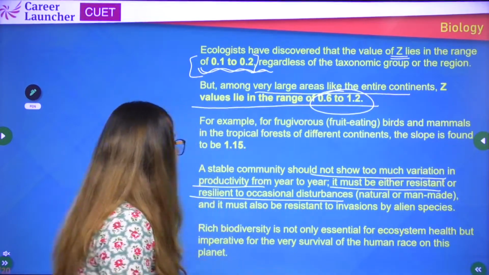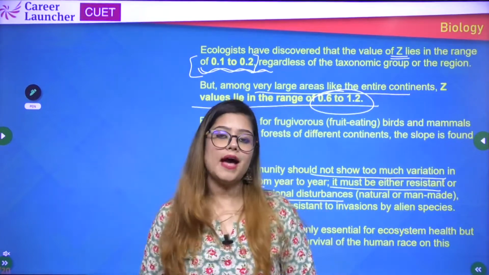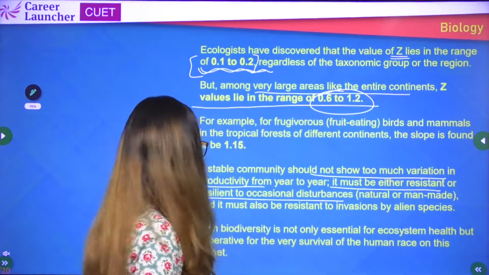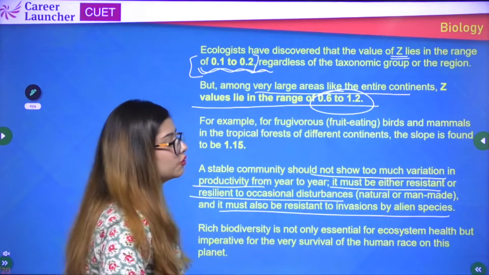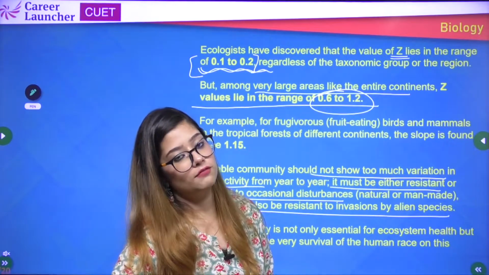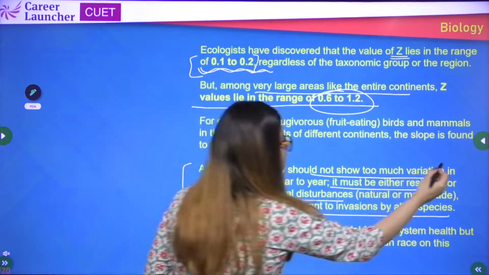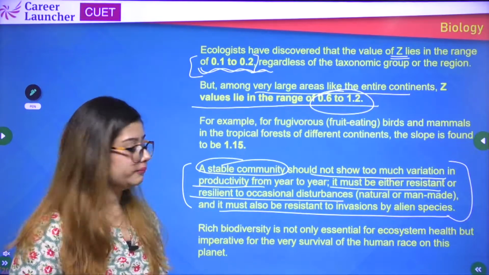It should be resilient to occasional disturbances. Those disturbances may be natural, may be man-made, but it should be resilient to those disturbances. And it should also be resilient to invasion by alien species, invasion by foreign species. These are the 3 points that are required for a stable community.